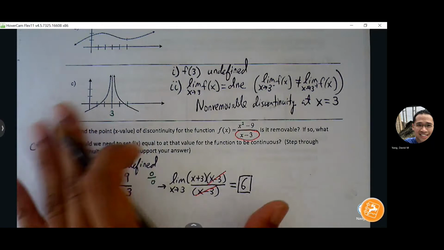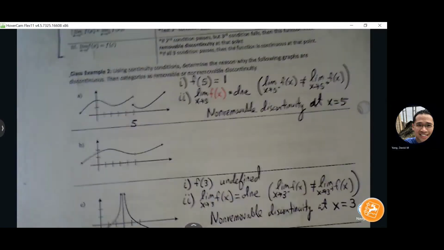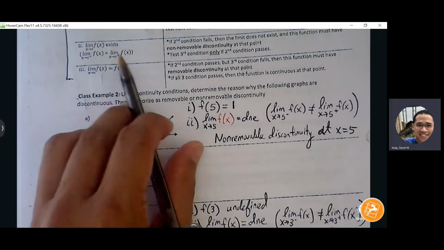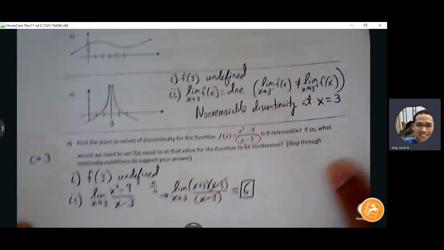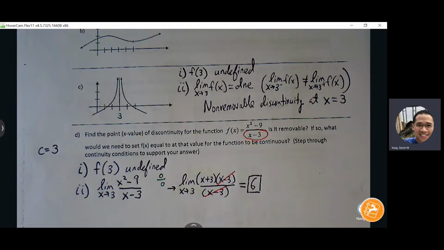Now, look at the condition again. The condition has a one-sided limit portion to it as well. I will say this: you don't have to worry about the one-sided limit unless there's a piecewise function. If there's a piecewise function, that means you have two different functions on either side of our target, so you have to rely on one-sided limits.